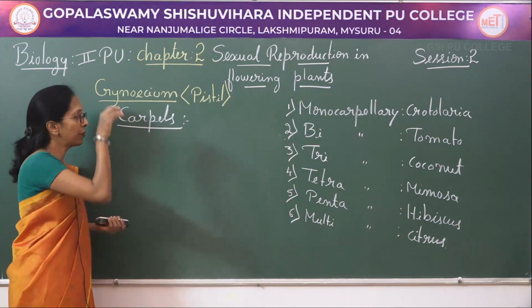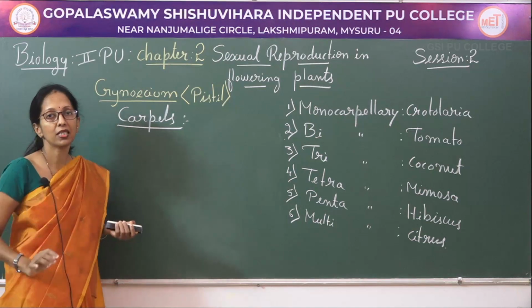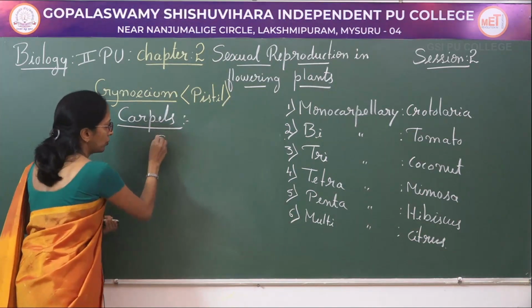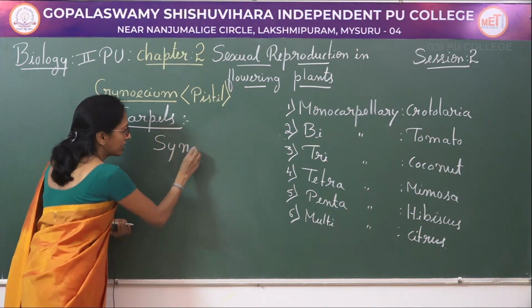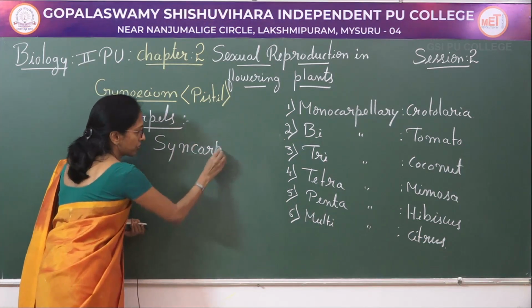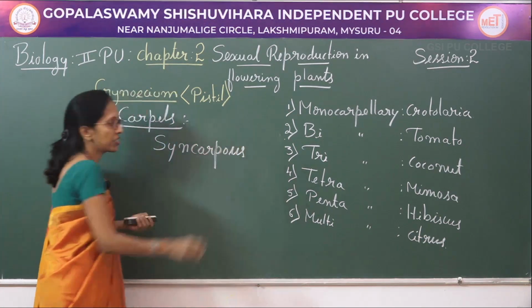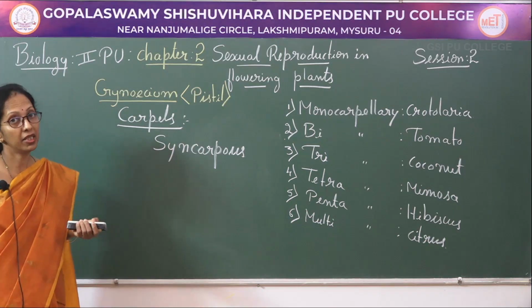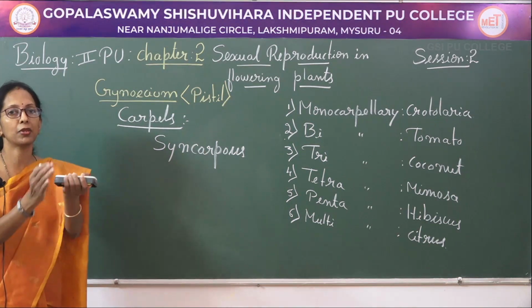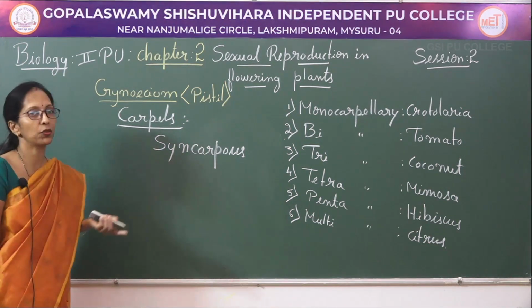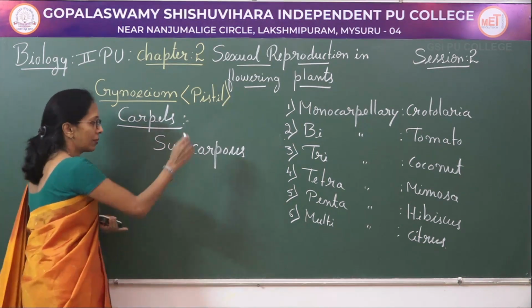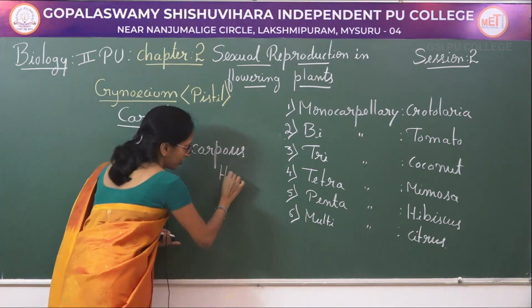If the gynoecium is made up of many carpels and the carpels are fused, then it is said to be syncarpous, and the best example is hibiscus.